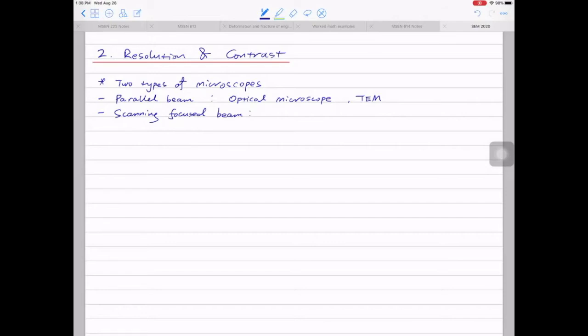So there's always a delay. A classical example for scanning focused beam microscope is SEM, which is the core of this class. In SEM, you form a focused beam, then you rest the beam on the specimen pixel by pixel to acquire the information. Another example, if you are doing some bio stuff, you may be familiar with confocal microscopy.